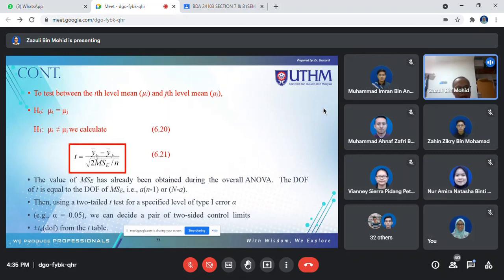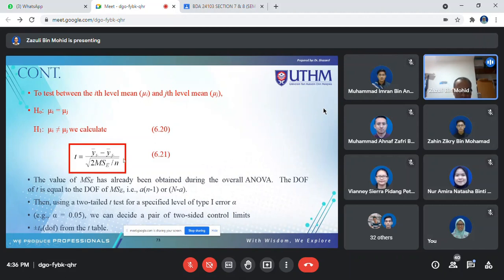So it depends. i and j are representing the level number. So if i is 1 and j is 3, then we have H0: mu1 equal to mu3, and H1: mu1 not equal to mu3. So comparing between these levels, we can use the t-test.